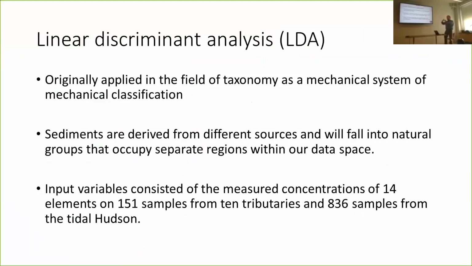What we get out of this is how similar the estuary samples are to a particular tributary, with the idea that the higher the probability, the closer it is to that source. By constraining it in the beginning, we make it choose how similar it is to the tributaries and not to each other.